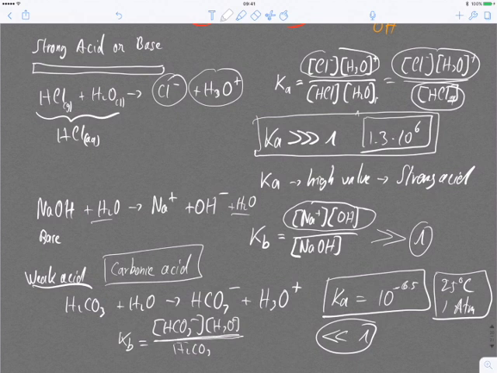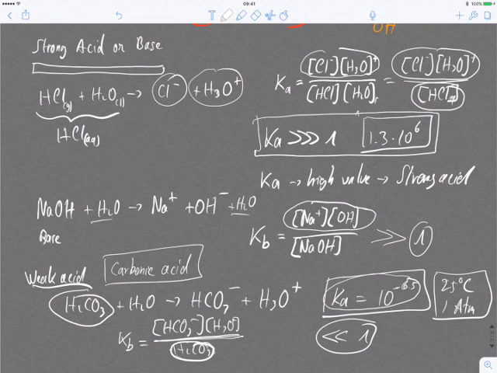You will still have a large amount of carbonic acid in your solution at equilibrium. The value here is very small. That means this acid will not fully dissociate in your liquid, and the same goes for the base.